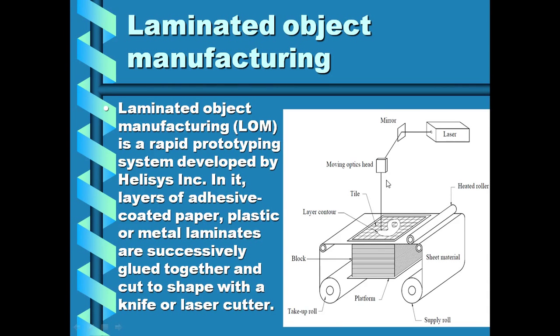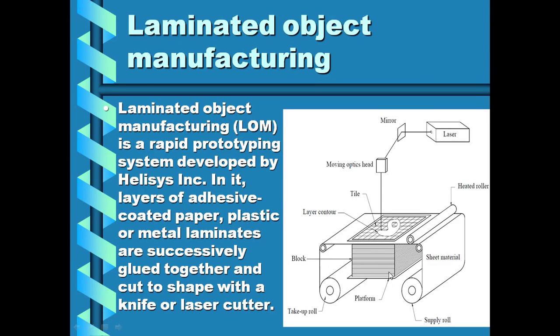In it, layers of adhesive-coated paper, please listen carefully, plastics or material laminates are successively glued together, one by one, and cut to shape with a knife or a laser cutter, right? So here is a laser, this is the mirror, this is the moving optics head, this is the tile, this is a layer contour.